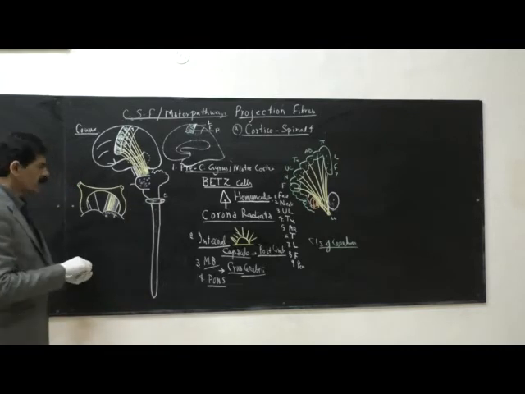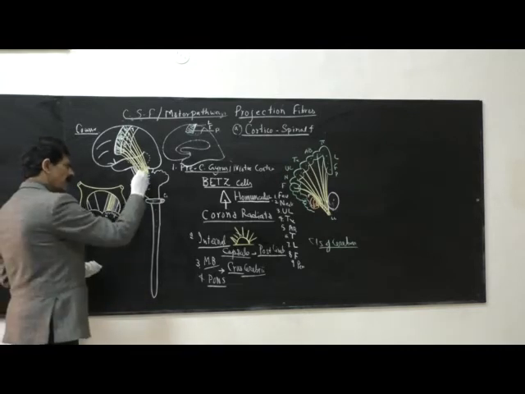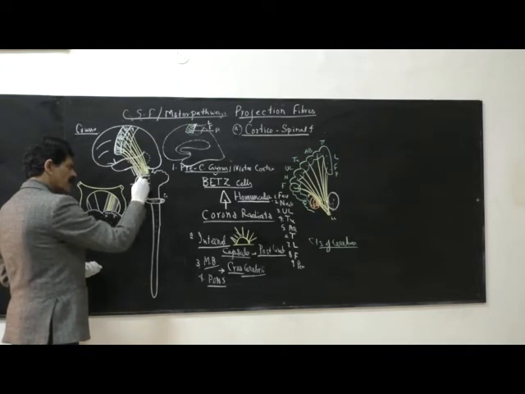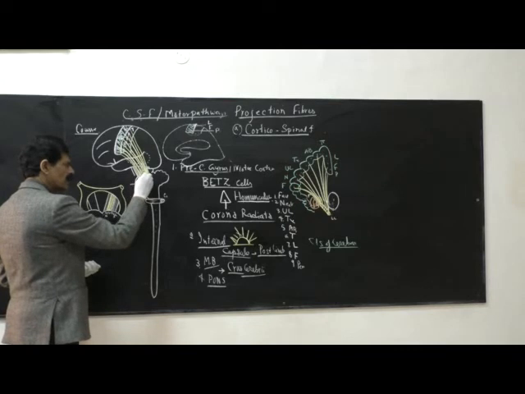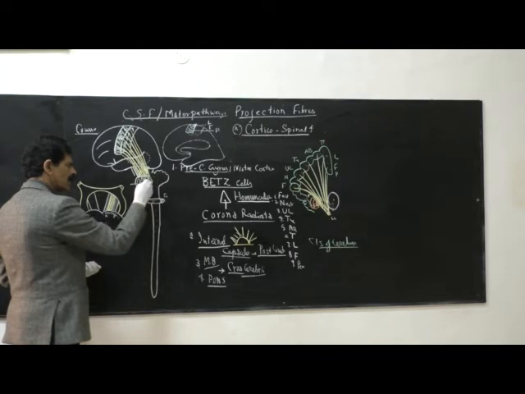So when these corticospinal fibers enter the pons, they are dispersed because of the presence of pontine nuclei. These fibers do not pierce or penetrate into the pontine nuclei, but they descend downward in between these pontine nuclei.